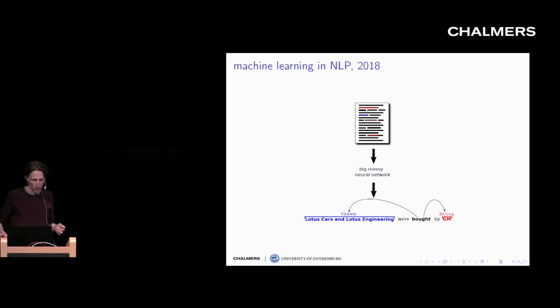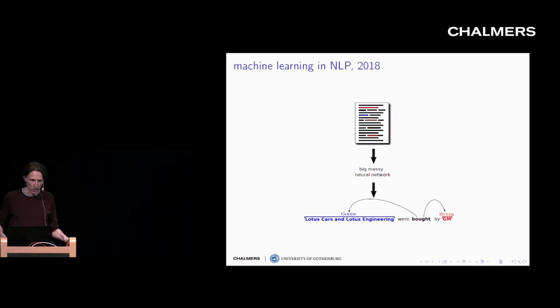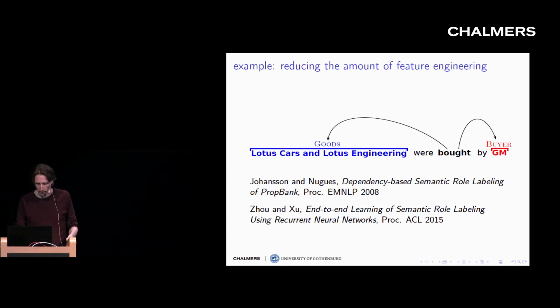So this is something that we have seen for a lot of the various problems that we work on. It's not always that the neural networks work much better than the previous approaches, but it's a lower amount of intermediate work that needs to be carried out.